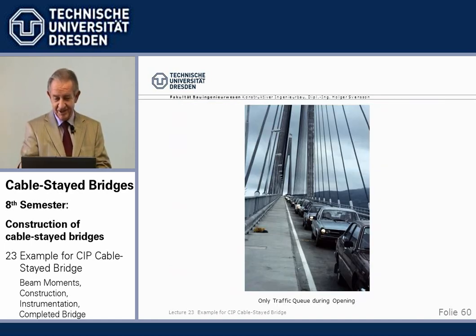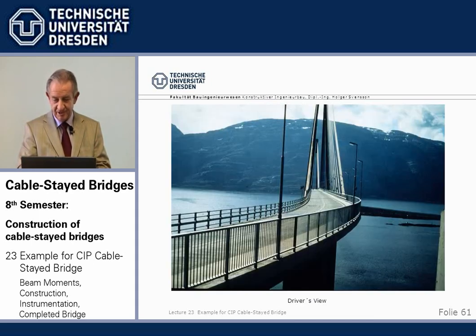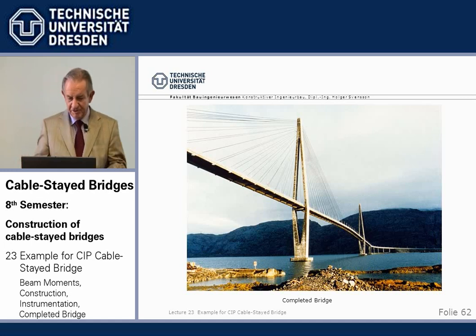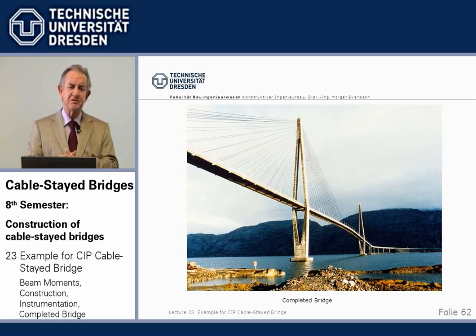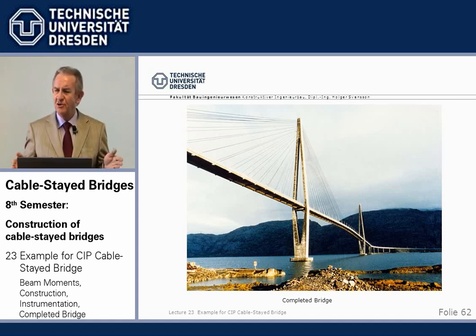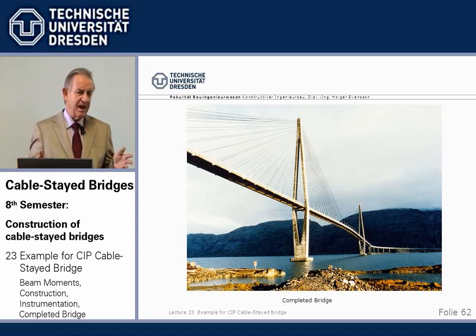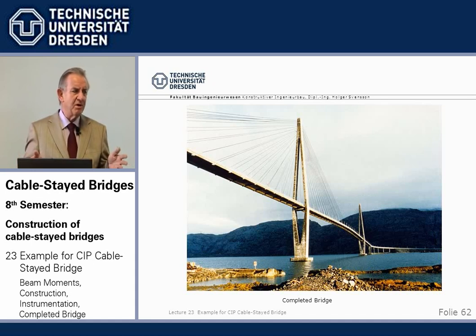And here a picture of the bridge in longitudinal view and the completed bridge. So I don't think I have to summarize a lot this time. I just showed you all the steps to build a cast-in-place concrete beam in a very, I will not say adverse climate, that's not the proper word, but with very strong storms.